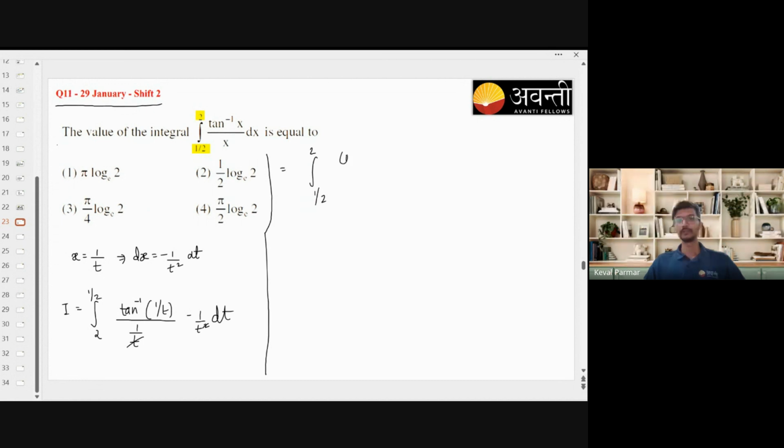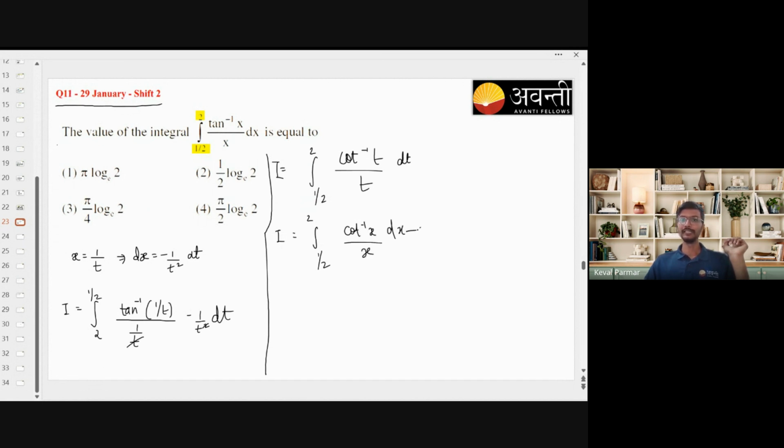It is cot inverse of t by property of inverse functions. So as you can see, again by property number 1, it is okay if we change the variable. So instead of t, I can write cot inverse of x upon x dx.